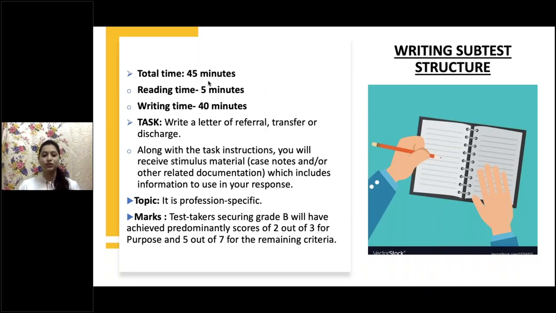So what is the task? It's usually a letter of referral or transfer or discharge, depending on which profession you're taking it for. In medicine, it'll usually be a letter of referral. Along with the task instructions, you will receive stimulus materials like case notes or any other related documentation, which includes information that you can use in your response.